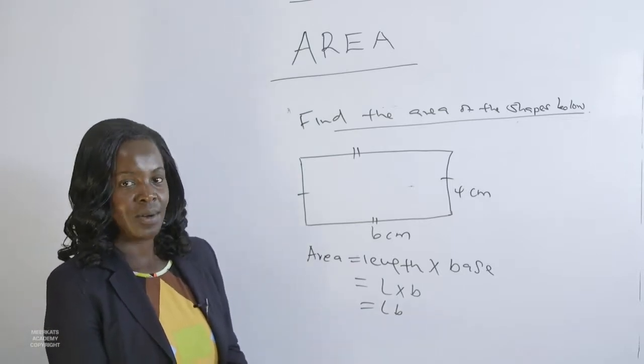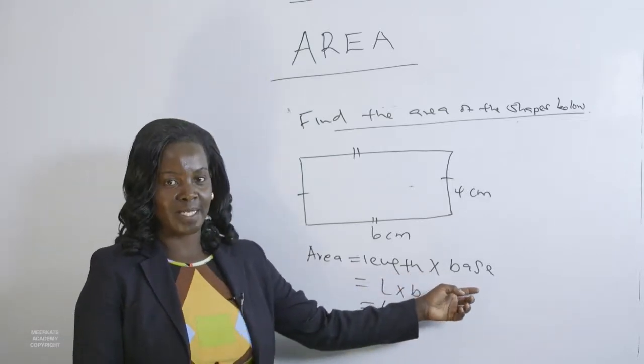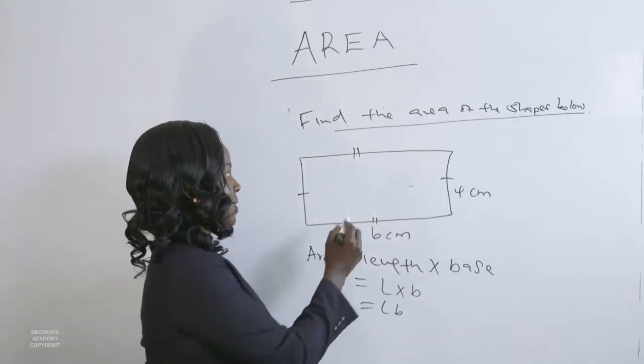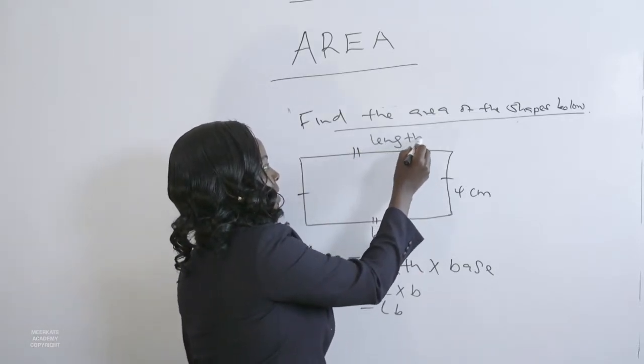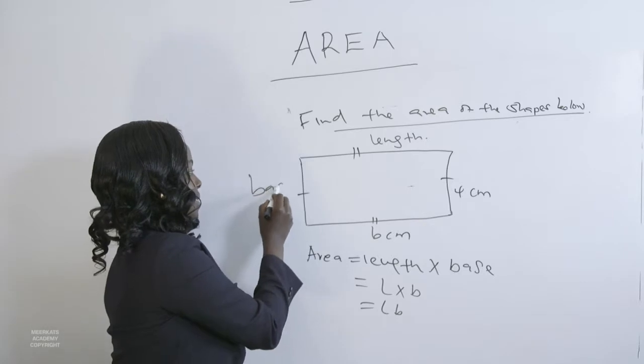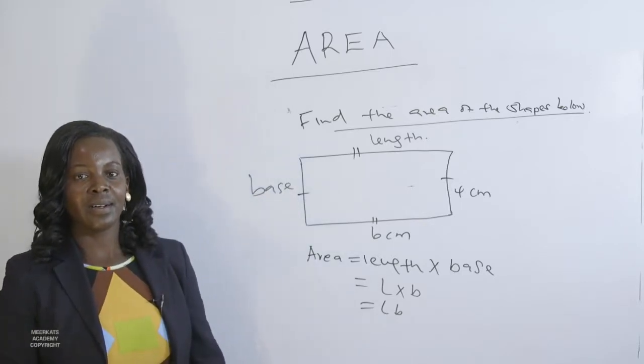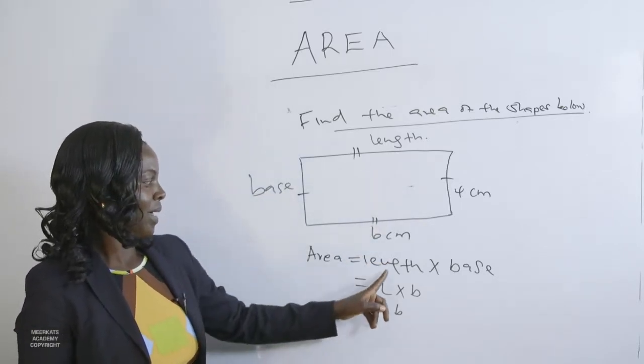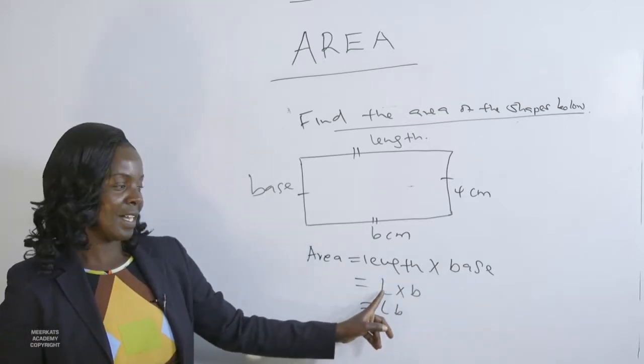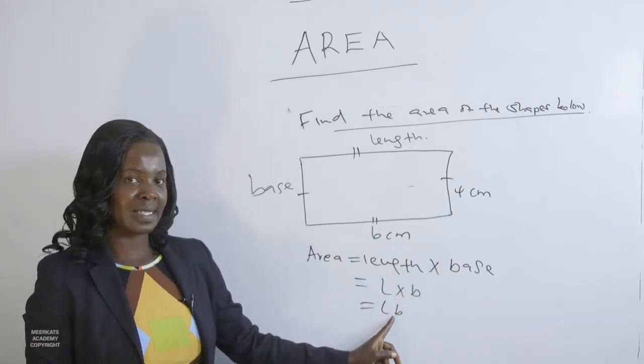The area of a rectangle is given by length times base. This is referred to as the length, and this is referred to as the base. The area of a rectangle is calculated by length times the base, abbreviated as L times B, which will give us LB.